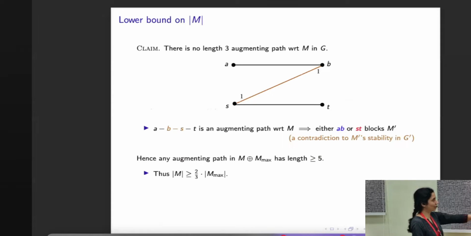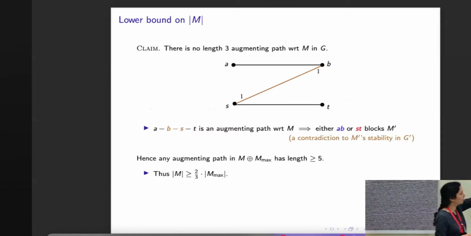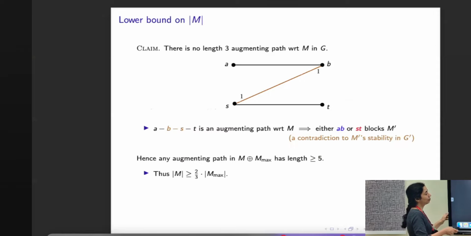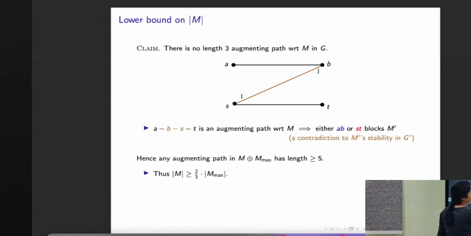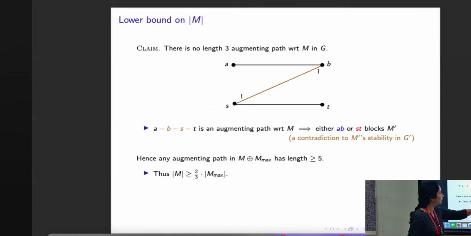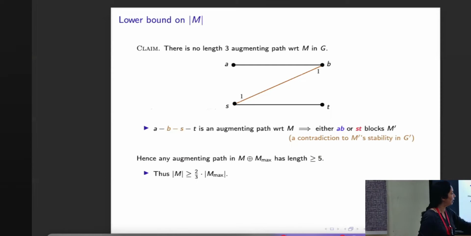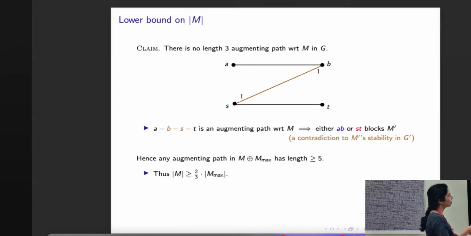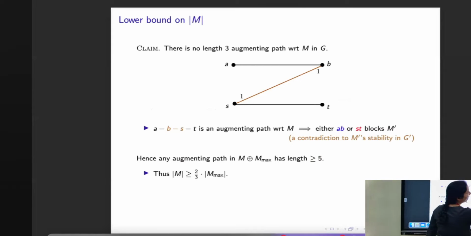Is this okay? I am perhaps saying it too fast. We are claiming that if you look at the symmetric difference between M and any maximum cardinality matching in G, M max need not be popular, stable, anything, it is just a maximum cardinality matching, the symmetric difference cannot have a length 3 augmenting path, because that would contradict the stability of M prime.